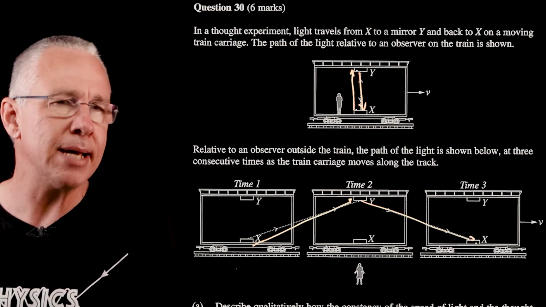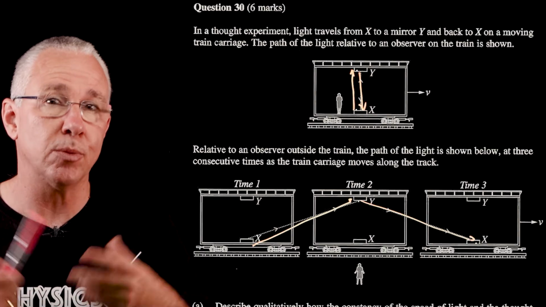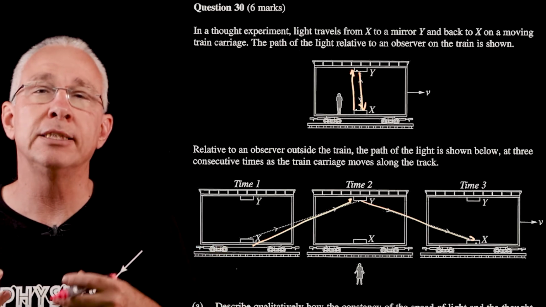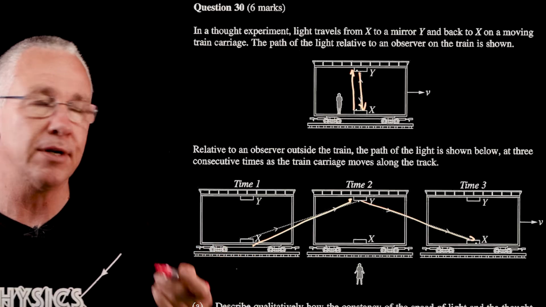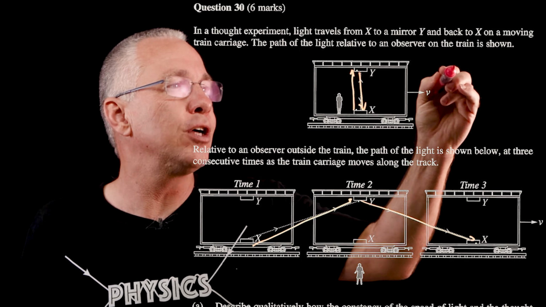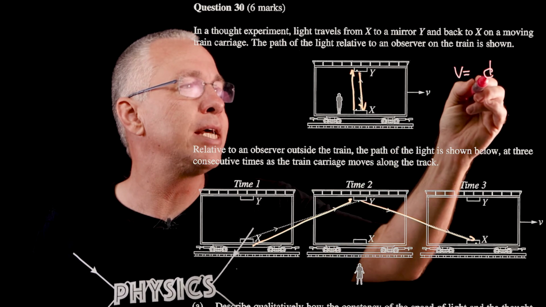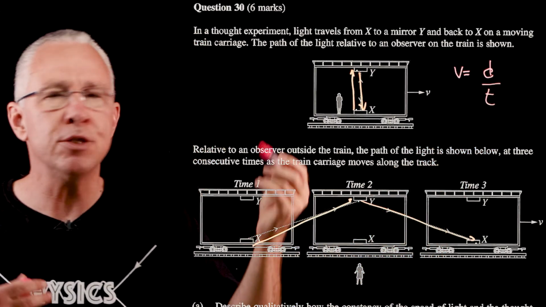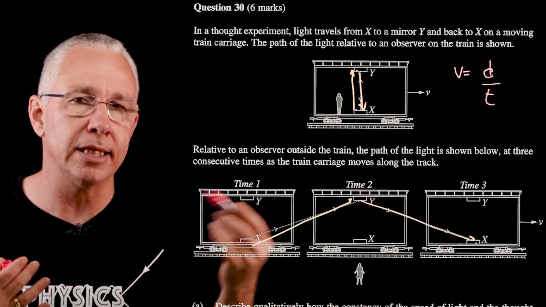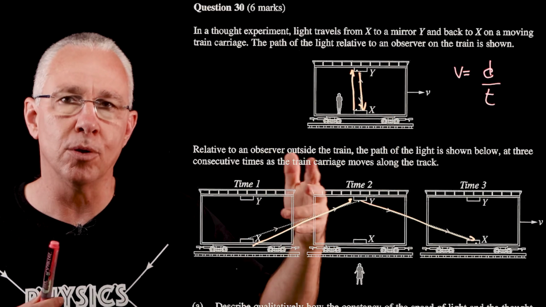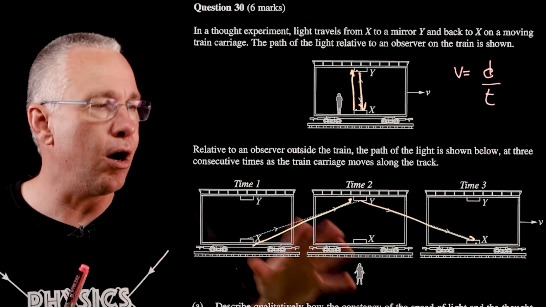Now, mathematically speaking, in most situations, when we observe motion relative to another frame of reference, the velocity that we end up getting is simply the distance we actually measure divided by the time. Now, if this was a ball moving up and down inside the train, most people would say the ball would be measured faster off the train.